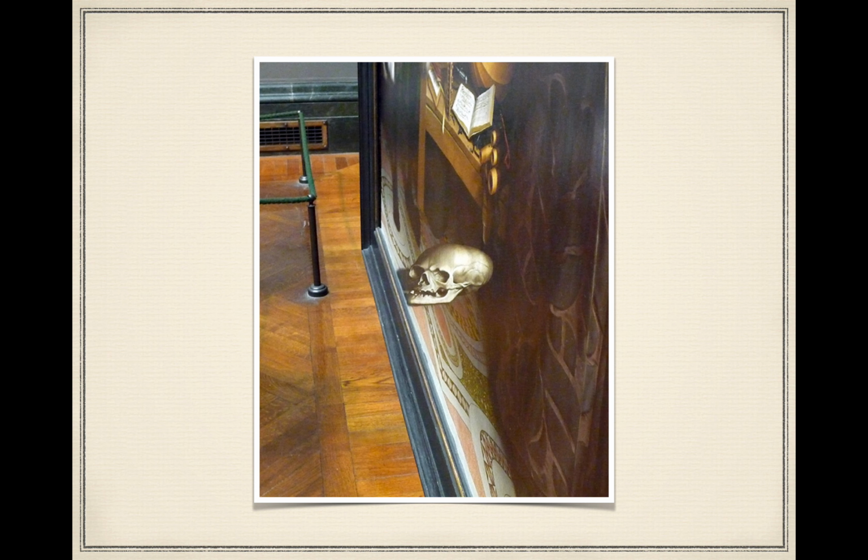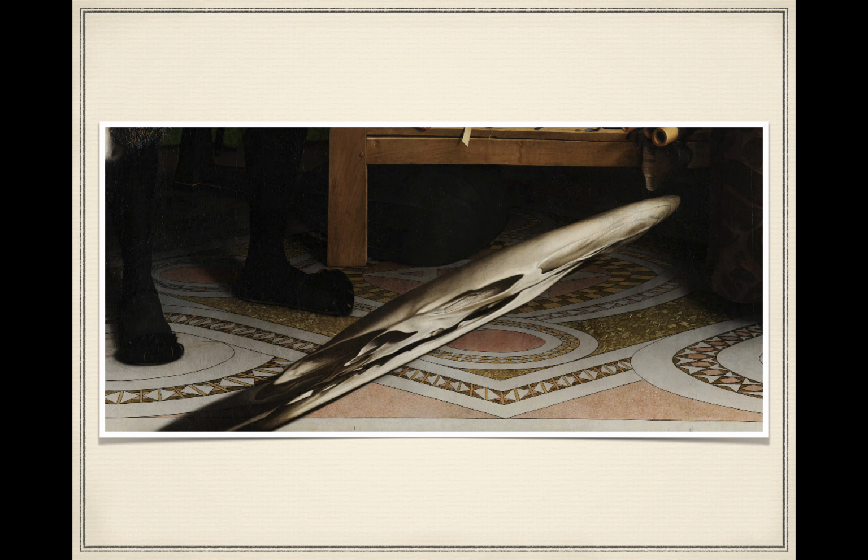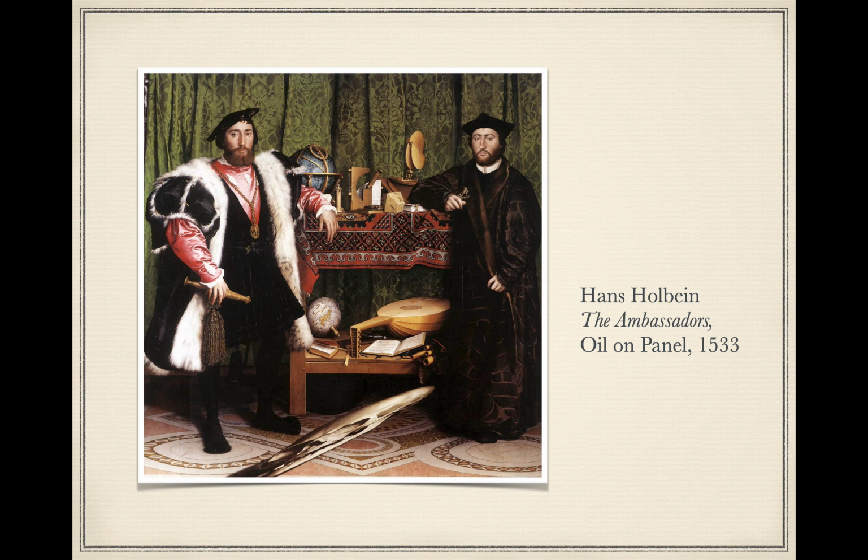Now the skull is a representation of what's known as a memento mori, M-E-M-E-N-T-O M-O-R-I, which basically is a reminder that you are going to die and that all these wonderful things that these people have, like fine clothes and all of their knowledge and all of their wisdom and all of their wealth, isn't going to matter because one day they're going to die.